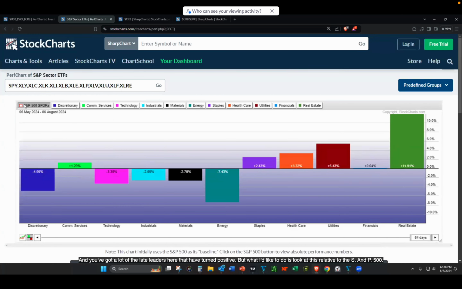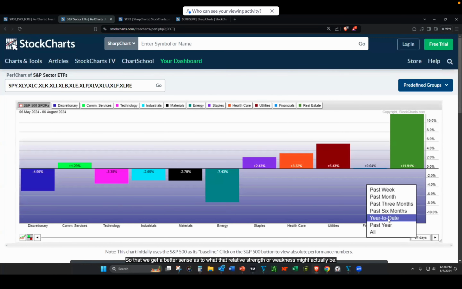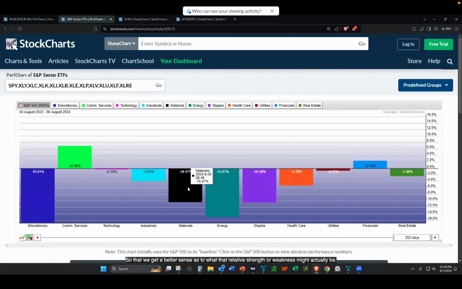But what I like to do is look at this relative to the S&P 500 so that we get a better sense as to what that relative strength or weakness might actually be. So when we're taking a look at this, what I can see is that over the course of the past year, the sectors that have been showing outperformance have been communication services and financials.